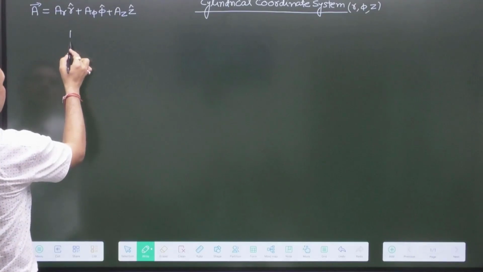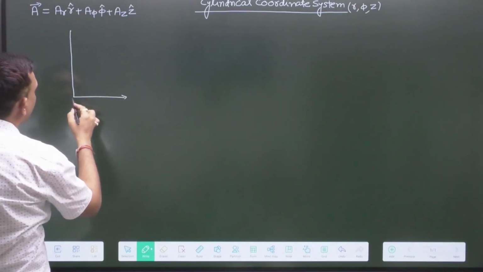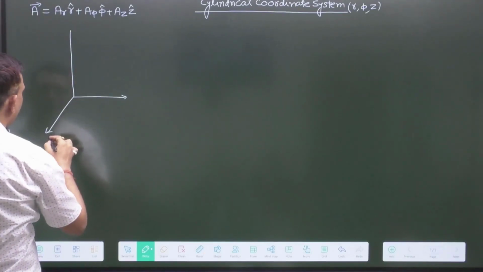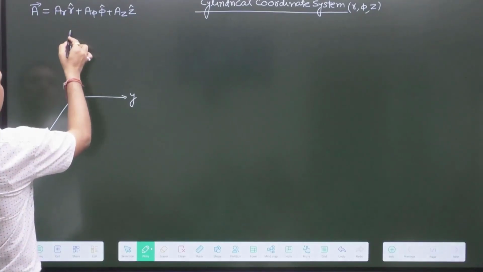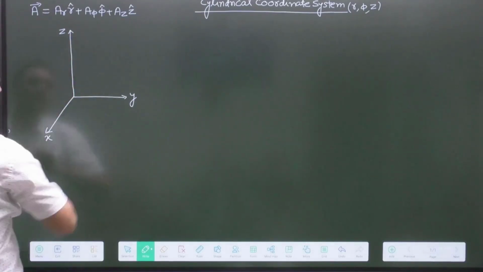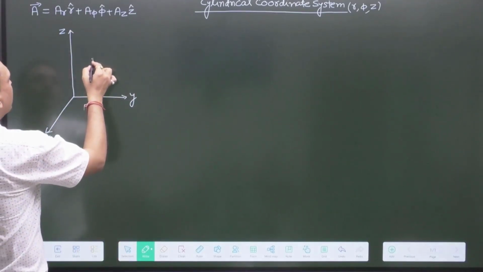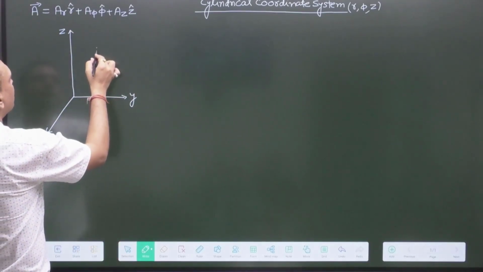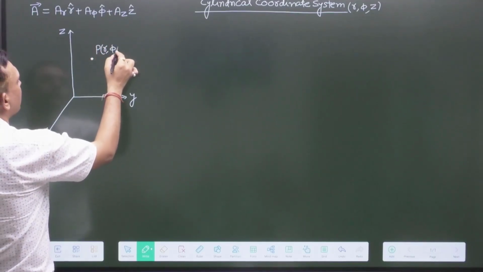So let us represent this symmetry. You have XYZ axes, mutually perpendicular axes, and there is a point P whose coordinates are r phi z.